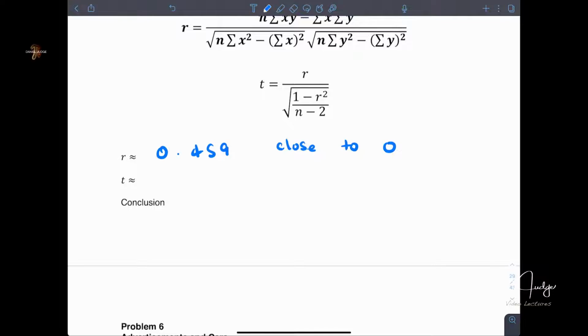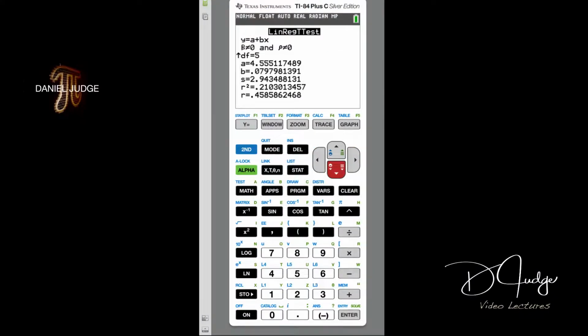So I think that's closer to 0 than 1. It's not that close, by the way, but it's closer to 0. Our test statistic value, if we try to look for that, let's find it. Okay, is 1.154. That's the t value in your calculator.